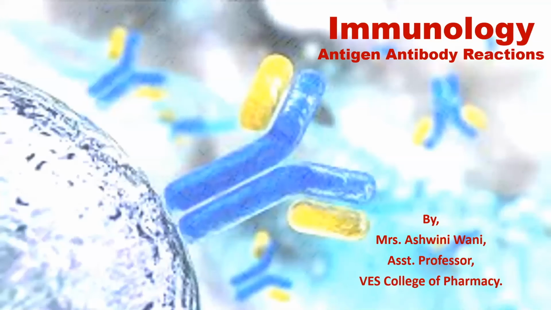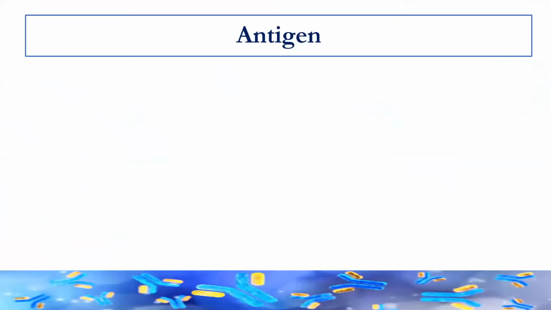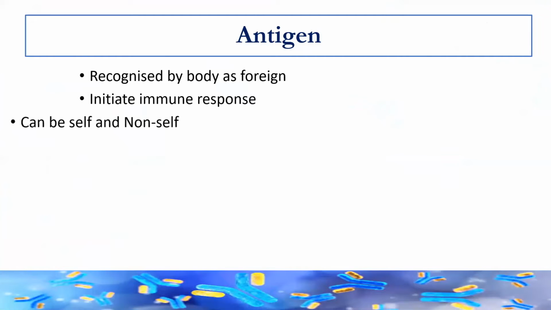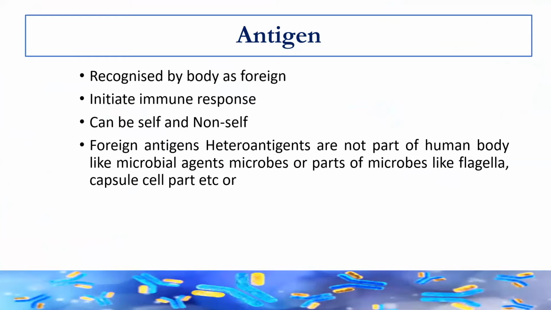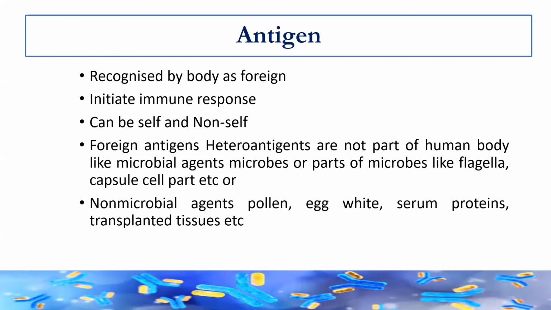We are very well prepared for looking at antigen antibody reactions. Just to give you a glimpse of our previous lecture, because we have looked at the antigen a couple of lectures back, I will not go through the entire slide. It is just for your revision.